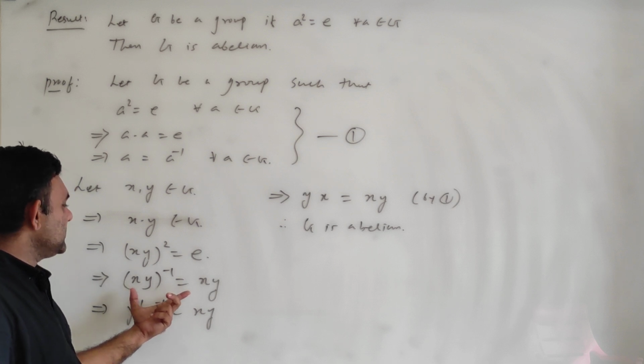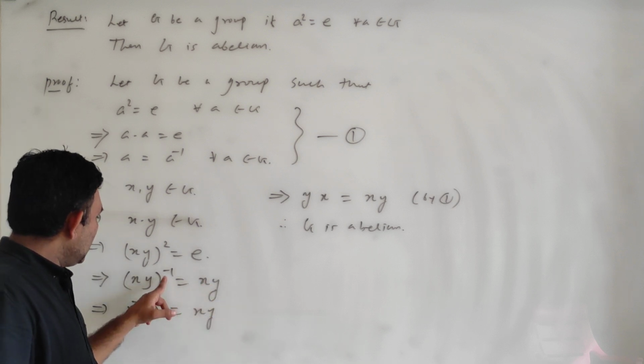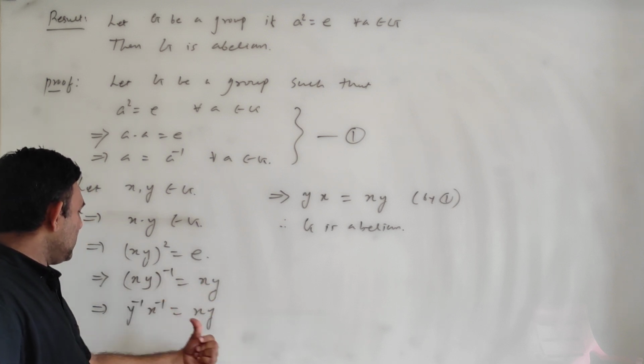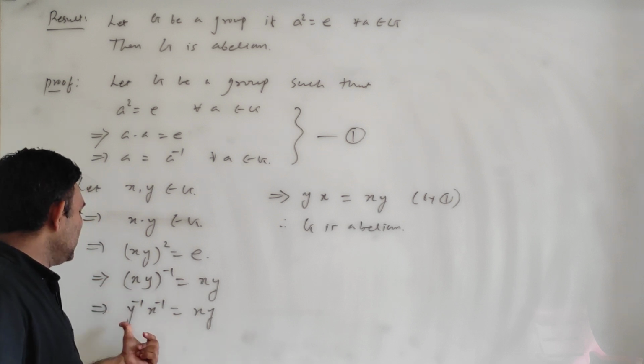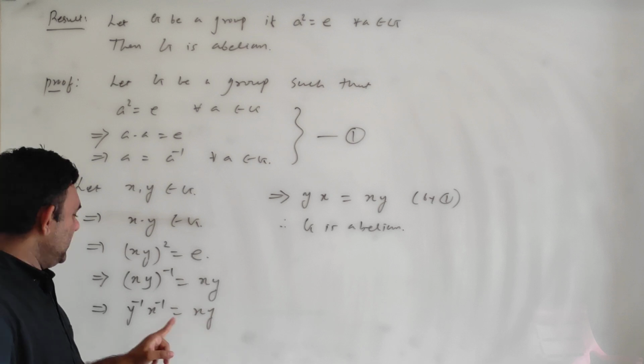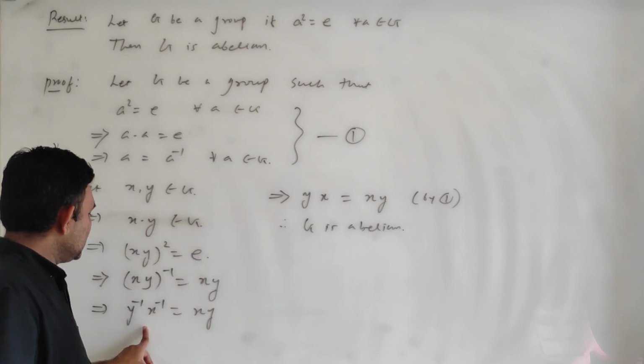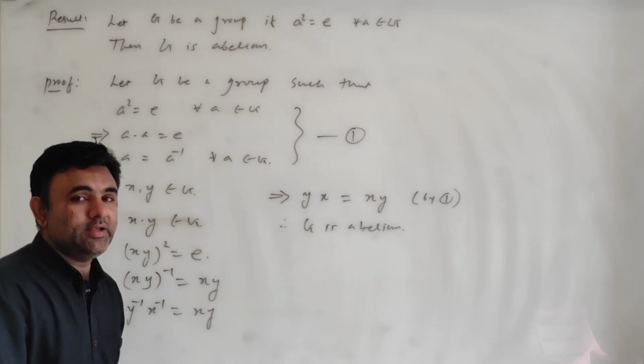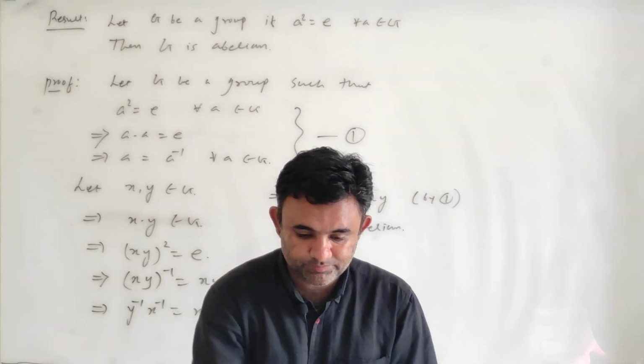So we have (xy) inverse is xy. Now I can distribute the minus 1 power in reverse order, so that is y inverse x inverse. But again, in our group every element is self-invertible, so y inverse is y and x inverse is x. So we have yx is equal to xy.